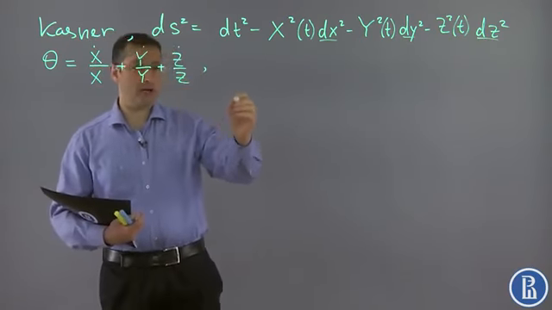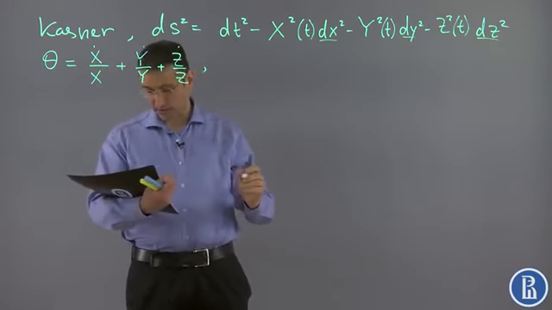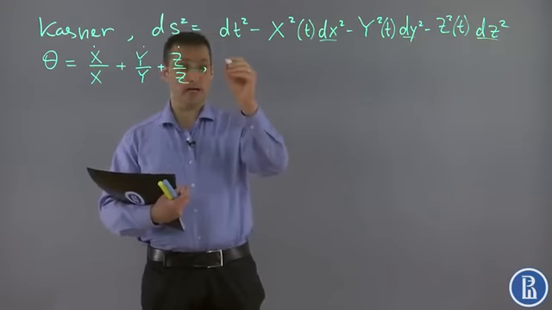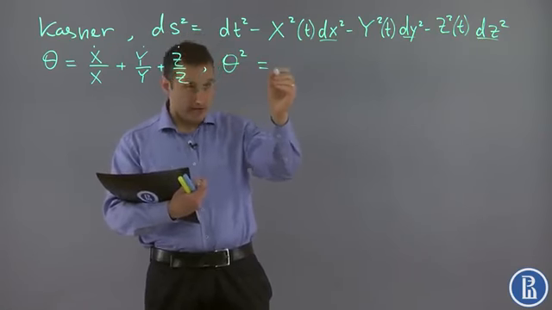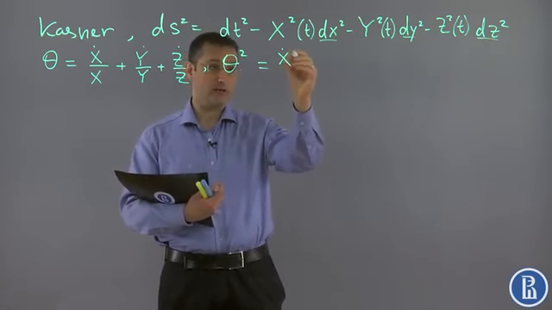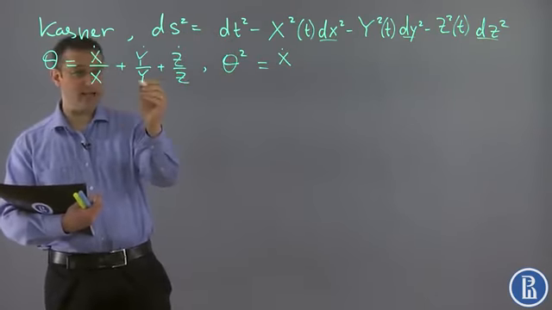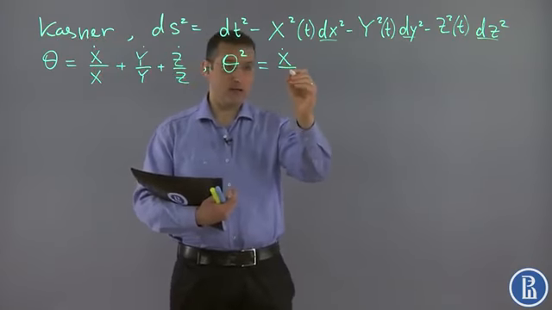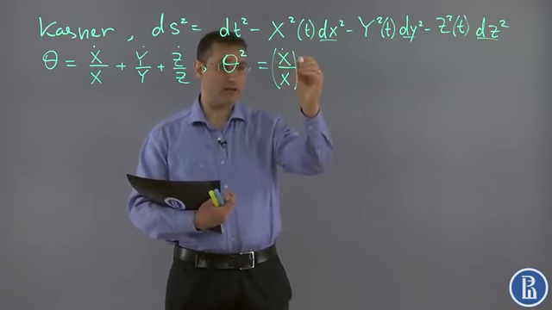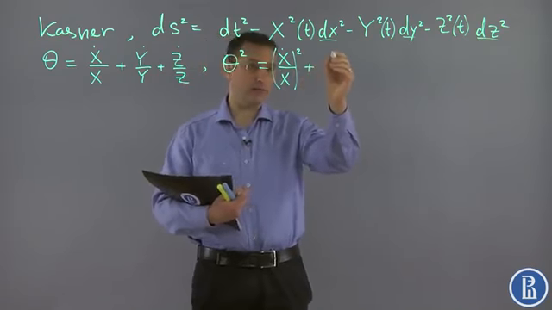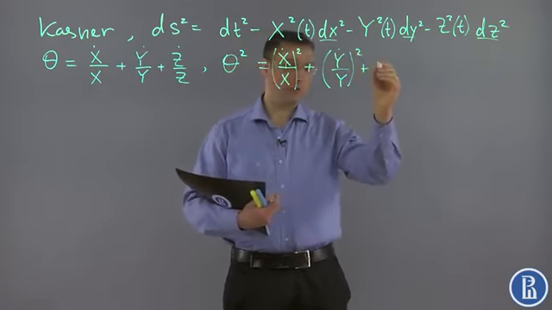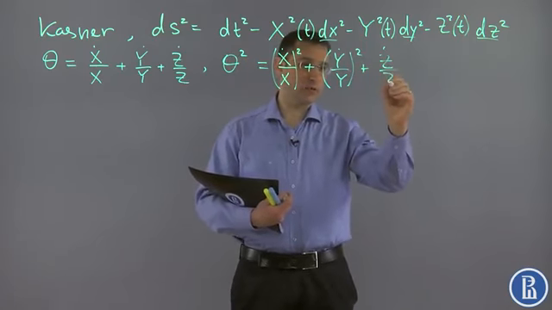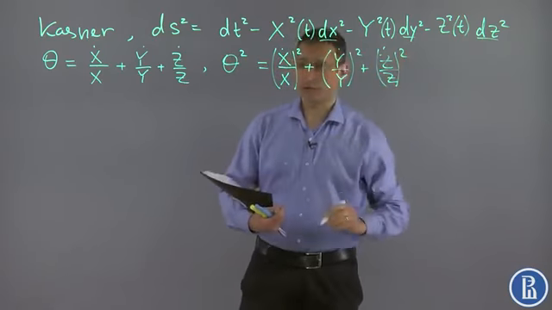At the same time, from the Einstein equation, we have obtained the condition that theta squared is a squared plus b squared plus c squared, where this is a, this is b, this is c.